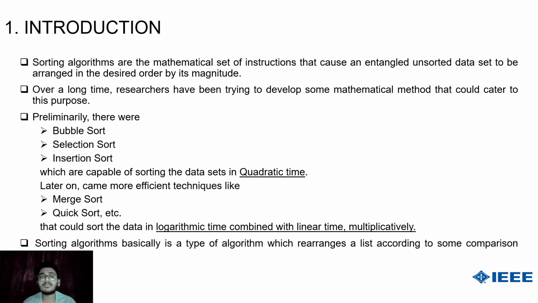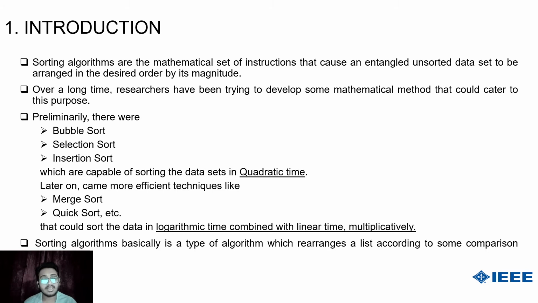So over a long time, researchers have been trying to develop some mathematical rigor that could cater to this purpose, but none have been better than linearithmic time. Preliminarily, there were some algorithms like bubble sort, selection sort, insertion sort that were able to arrange the data in some ascending or descending order in quadratic time.